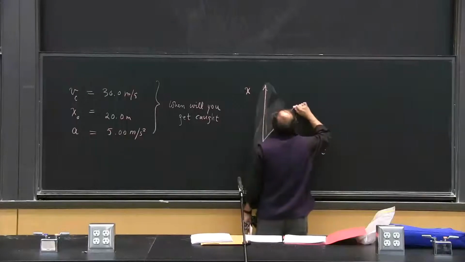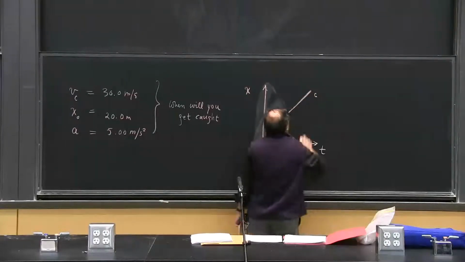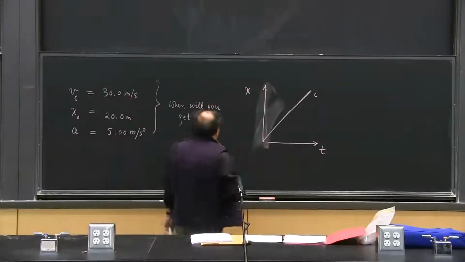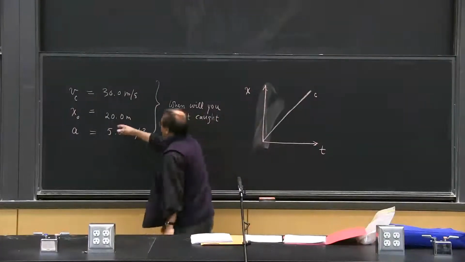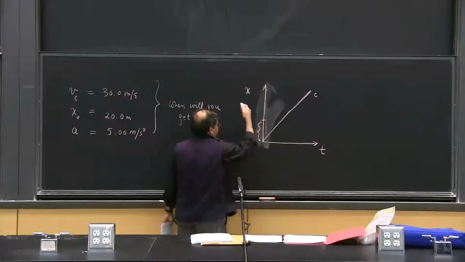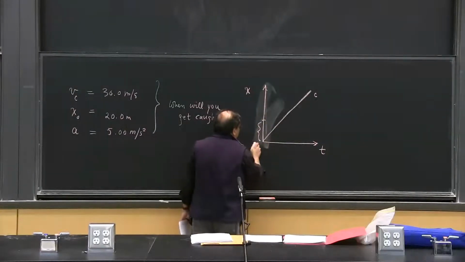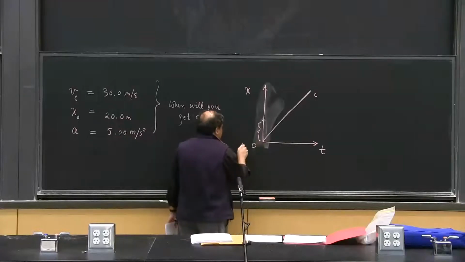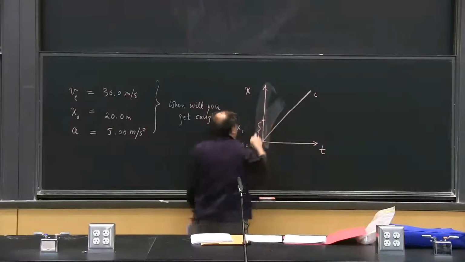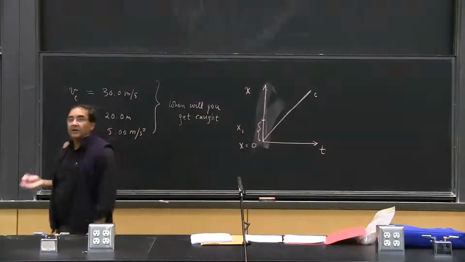This is you, C, because this is your car. And let's say the cop starts 20 meters ahead of you. Wherever you are coming from, let's make it x equal to 0. That's by choice. And x0 is the distance where the cop is starting from. And let's start the clock at the same time.